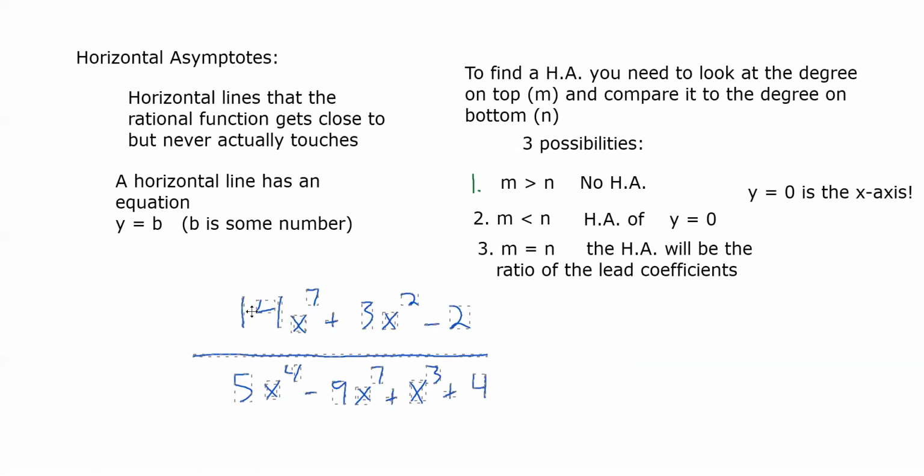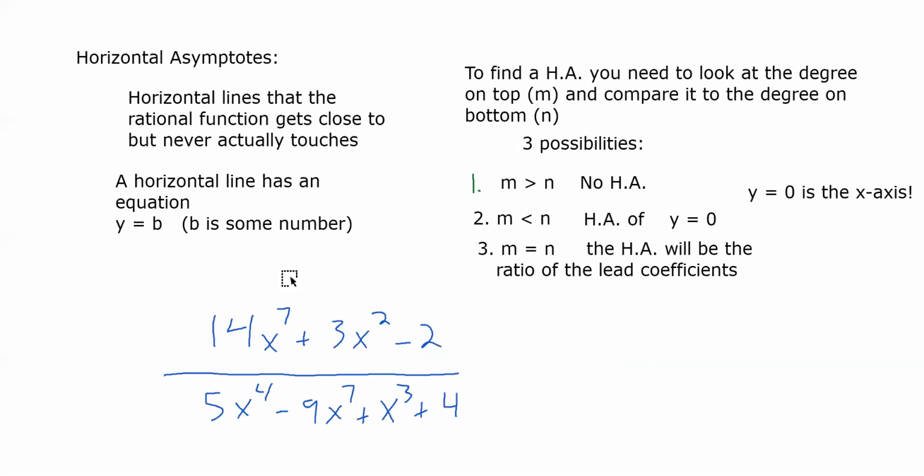Well, you'll notice the degree on top is 7. I'll circle it. The degree on top is 7. The degree on bottom is also 7. The lead coefficient on top, I'll put a little rectangle around it, is 14. The lead coefficient on bottom is -9. Remember, the lead coefficient is attached to the highest powered term. It is not just the first one you see.